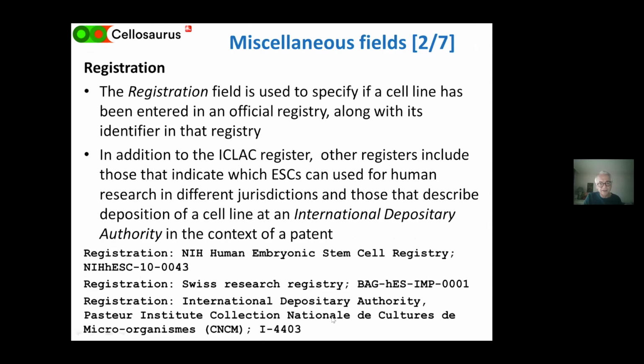When a cell line is described in a patent, the company or the individual needs to deposit their cell line into an International Depositary Authority, the IDA, which is often a cell line collection also. Here you see the Pasteur Institute collection has registered a cell line with this number I4403.